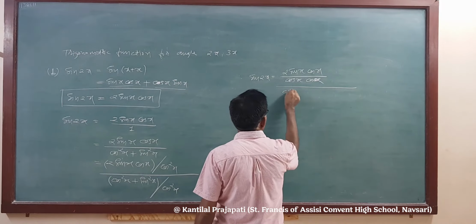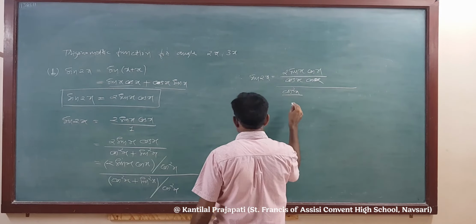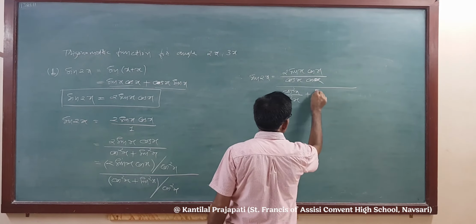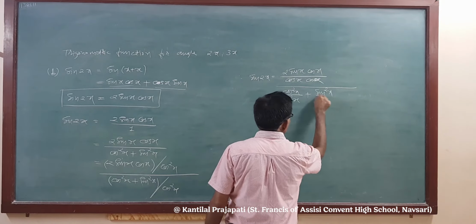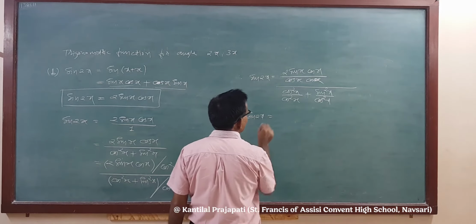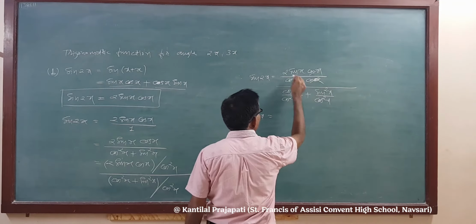Cos square x upon cos square x plus sin square x upon cos square x, we separate, and therefore sin 2x is equal to, now this cos x cancels, so what remains?